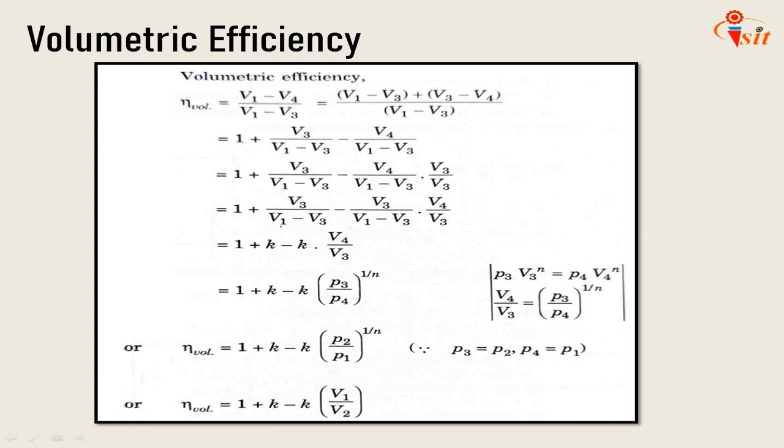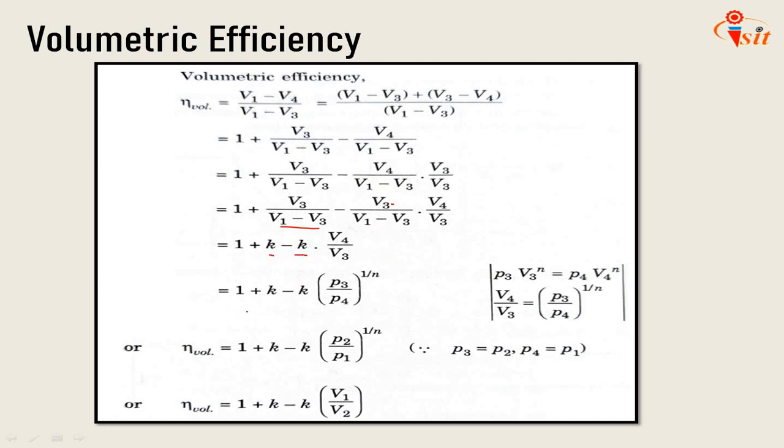So V4 by V3 we have changed that. So V3 divided by V1 minus V3 is nothing but k. So here also it is k.